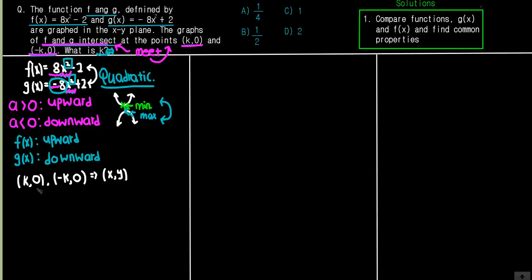And (k, 0) and (negative k, 0) are the same kind of logic, just a different way to write (x, y), which means the k and the negative k are the x values in our function, and 0 is going to be our y value.